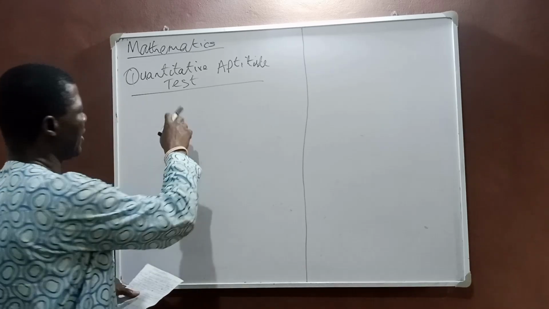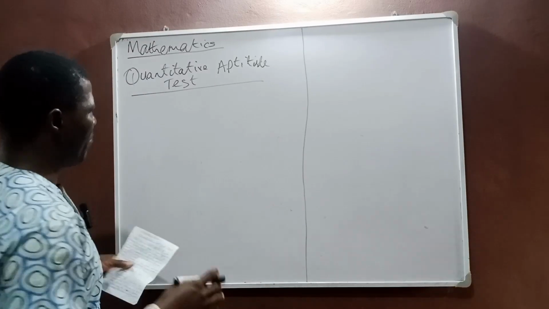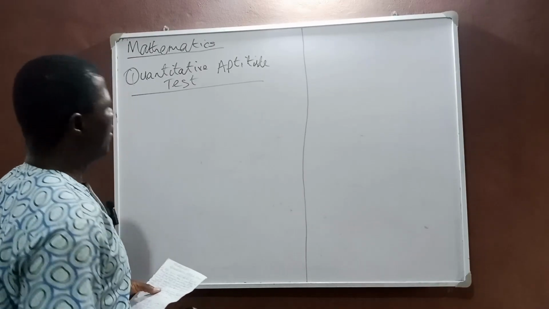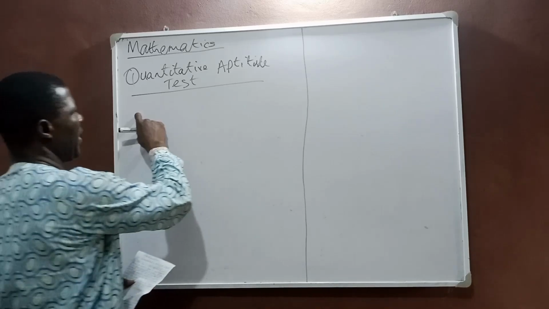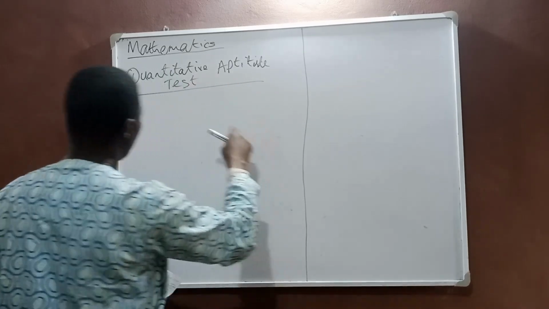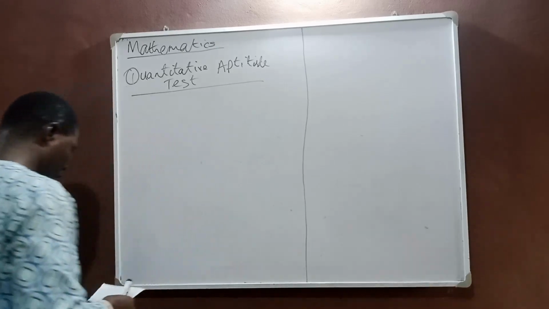But one thing is that the pattern is not steady. It doesn't have a specific pattern or method as in some other topics in mathematics. But for each particular type of quantitative test, there is a particular pattern that is used, as we are going to see in this one.